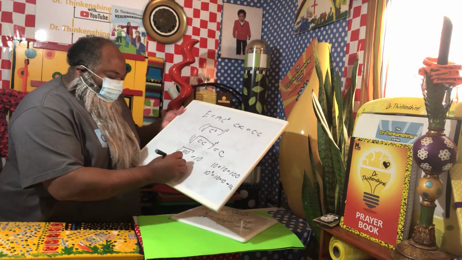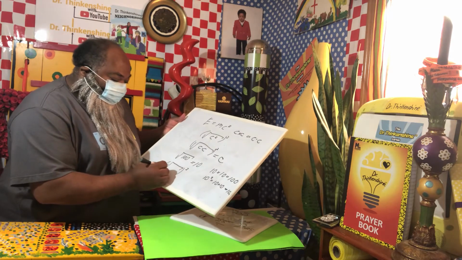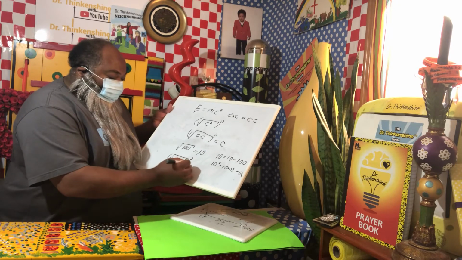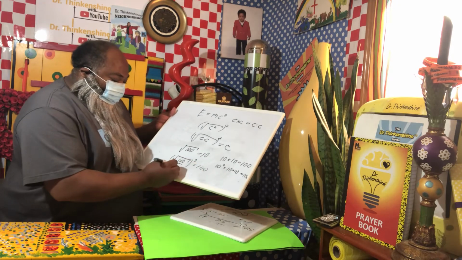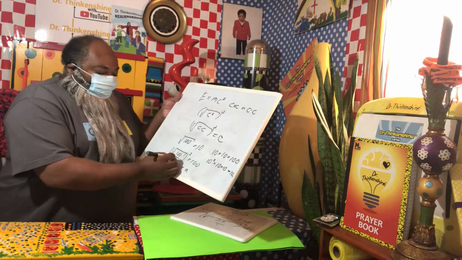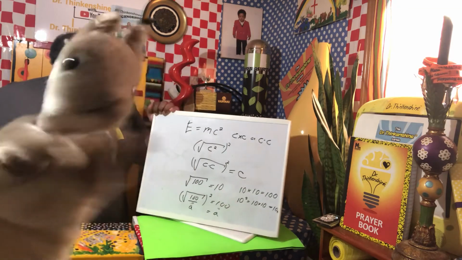Therefore, the square root of whatever squared is going to equal whatever's in this box. So if it's 100, it's going to equal 100. If it's A, it's going to equal A. And so on.